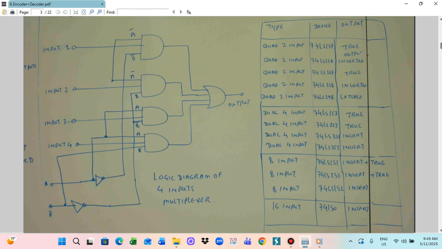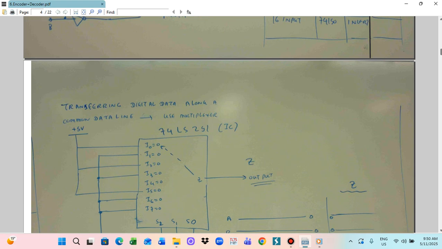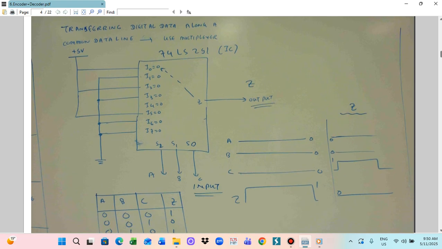And this is the application of the digital IC. We also utilize the multiplexer for transferring signal data, allowing a common data line. When you use only one data line, we can use the multiplexer to transfer the digital data.